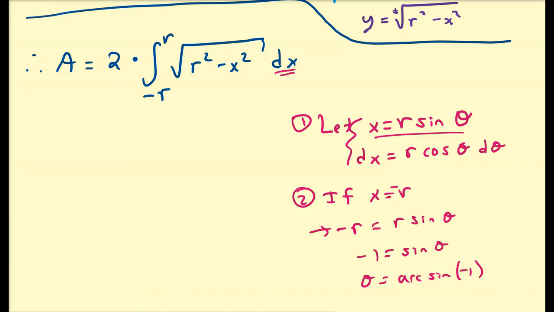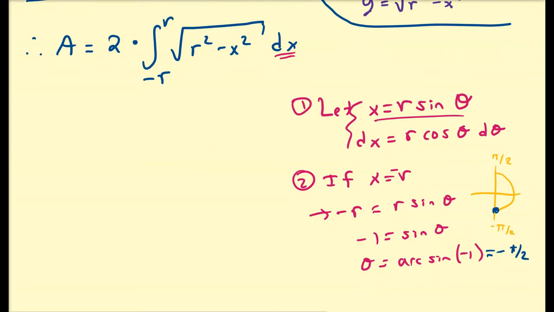Remember that arc sine is bounded in the region minus pi over 2 to pi over 2. So arc sine of negative 1 is negative pi over 2. And similarly, you can find the other value. If x is equal to positive r, then theta is equal to positive pi over 2.